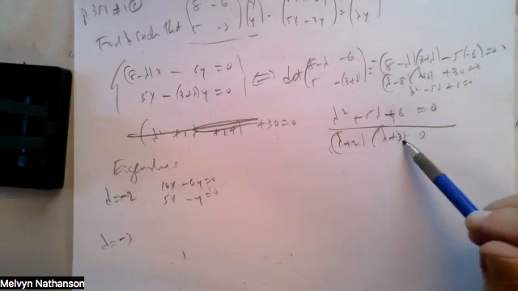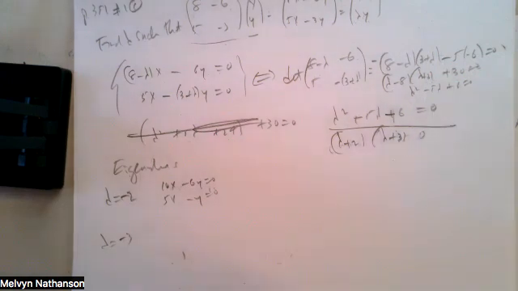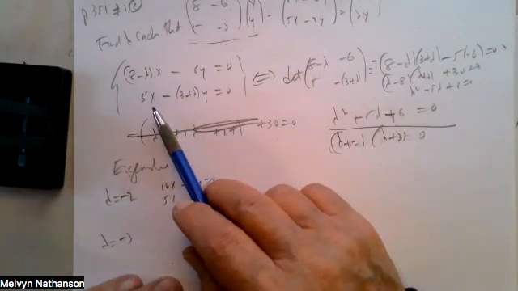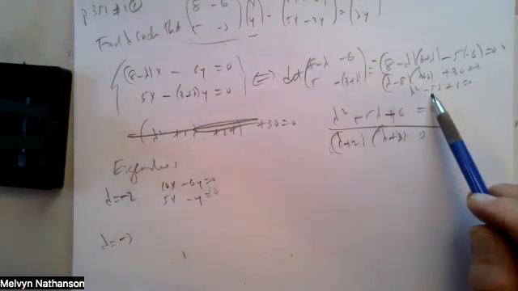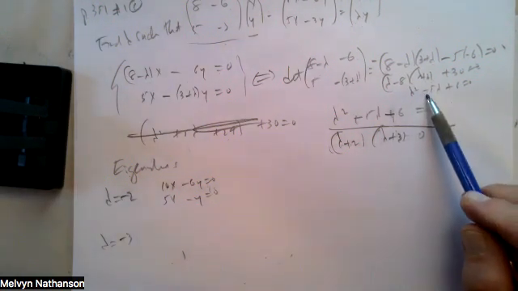So (λ + 2)(λ + 3). So when λ is -2, this is, I should be getting the same equation. λ squared, minus 5λ.